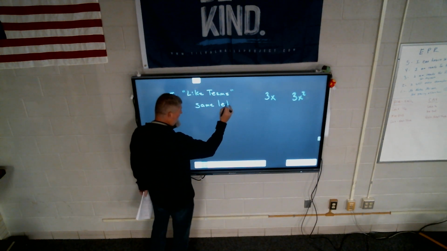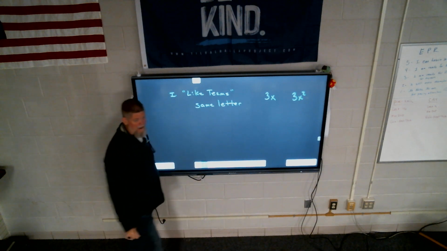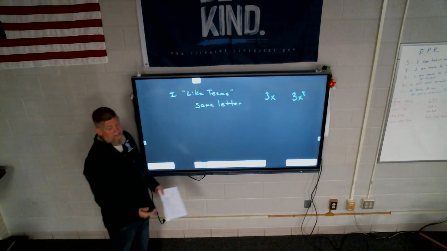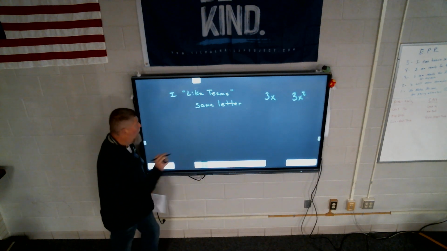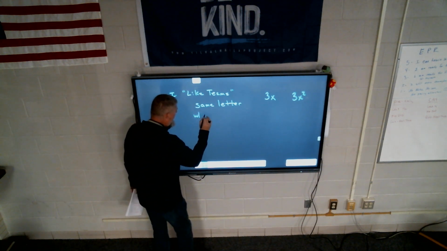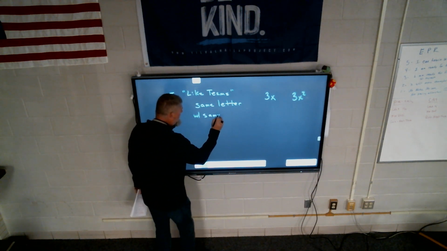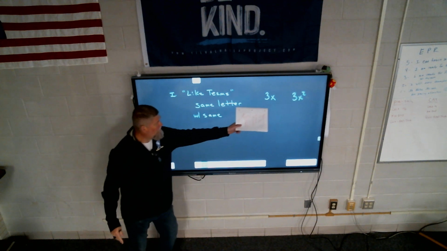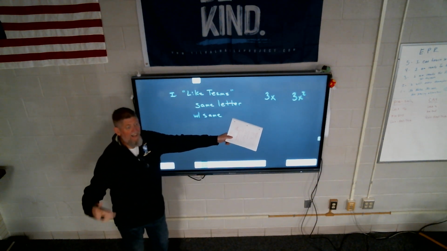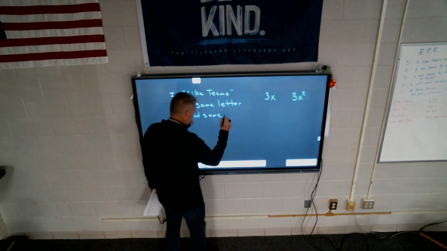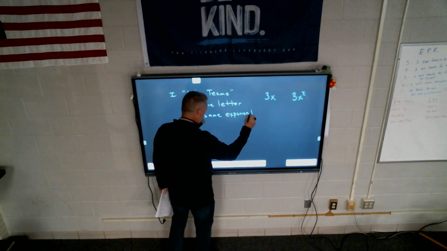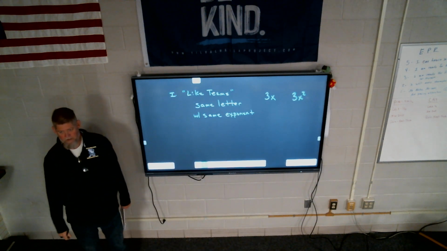letter. Now in mathematics we would say not letter but variable. So they have the same variable, the same letter, with the same exponent.